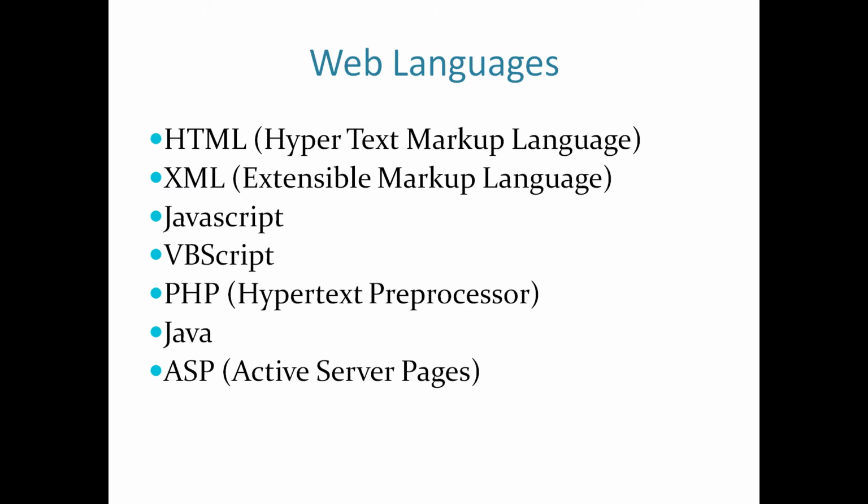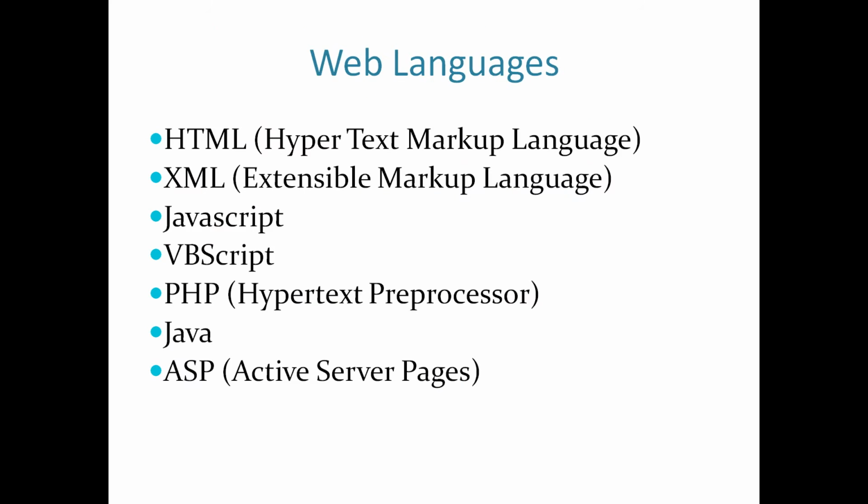Website development languages include HTML, which is not basically a programming language, it's just a markup way. XML, extensible markup language, JavaScript, VBScript, PHP, Java, ASP.NET, and others as well.